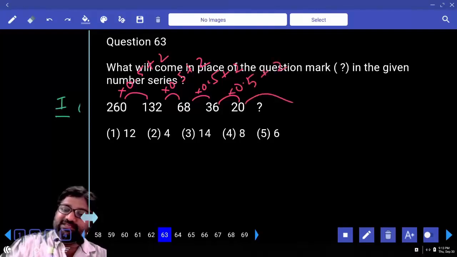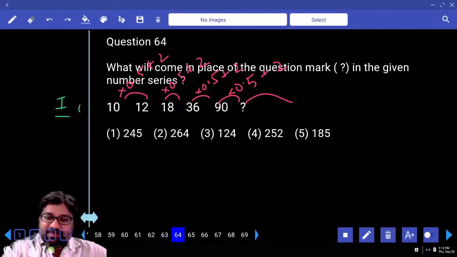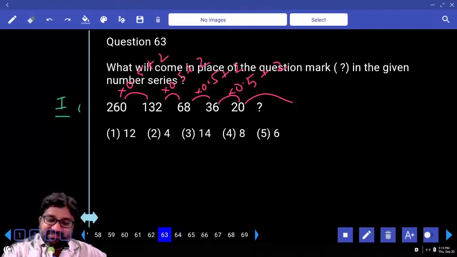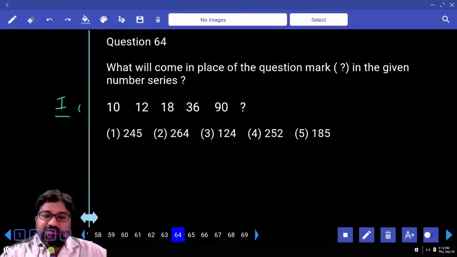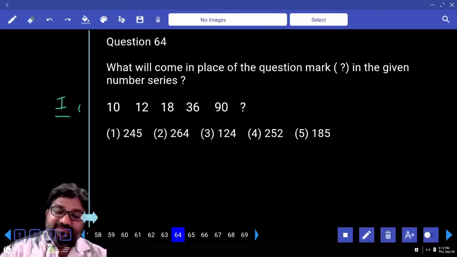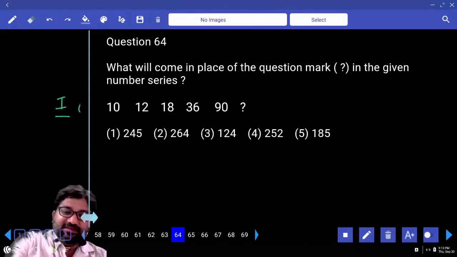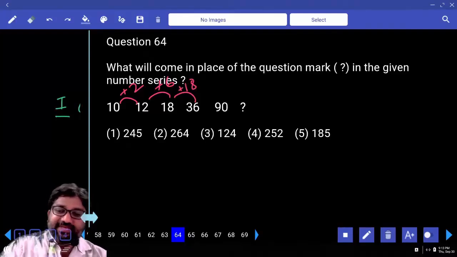What should be my next answer? 12. Now I am going for 64. Done with 63. We are going for 64. Come on, what's happening here? Increasing, decreasing? Huge increase, gradual increase? Gradual increase. Difference, +2 +6 +18. 2 6 18. Be careful.